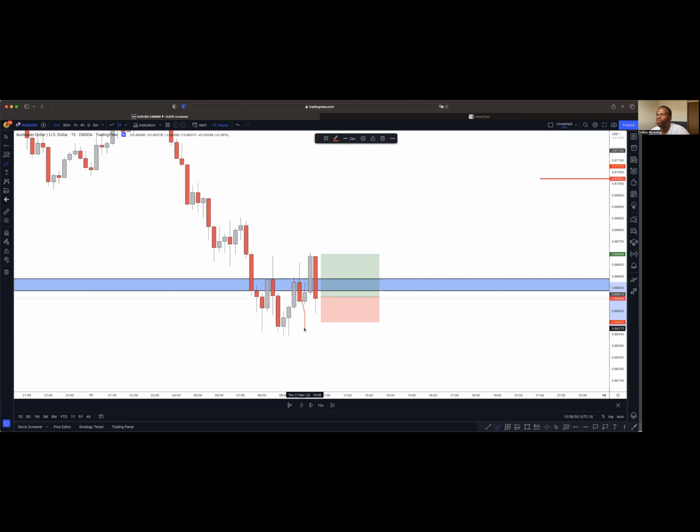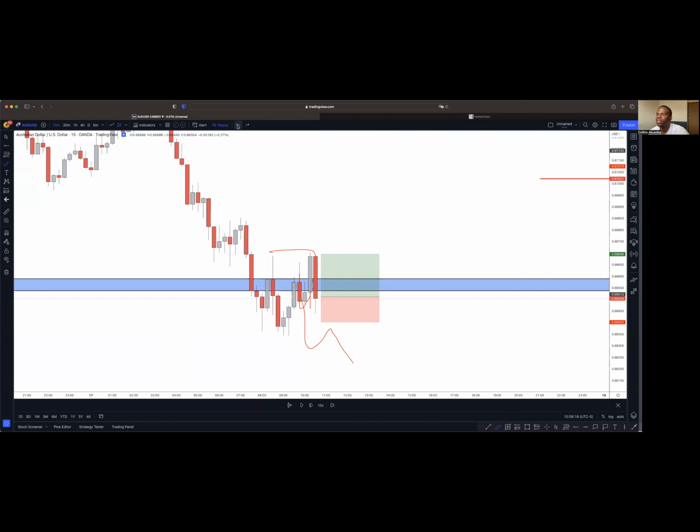Price is meant to form a new low and just keep dropping like this. Instead, price came down, broke this new high, broke this level that is rejecting, then immediately dipped down. Then in my mind, I'm like, okay, let me see what price is going to do next. At this point, I'm still bearish, because after seeing this bearish candle, I'm still bearish.